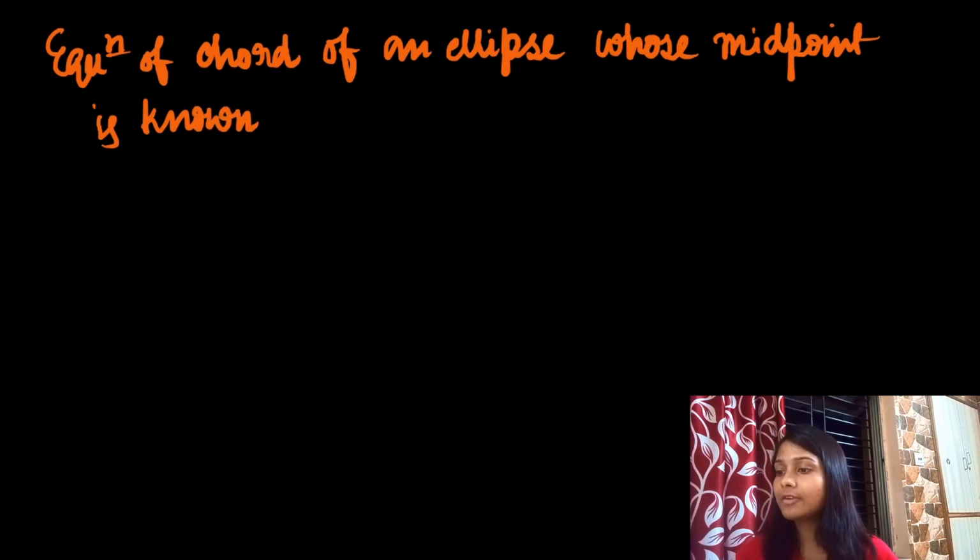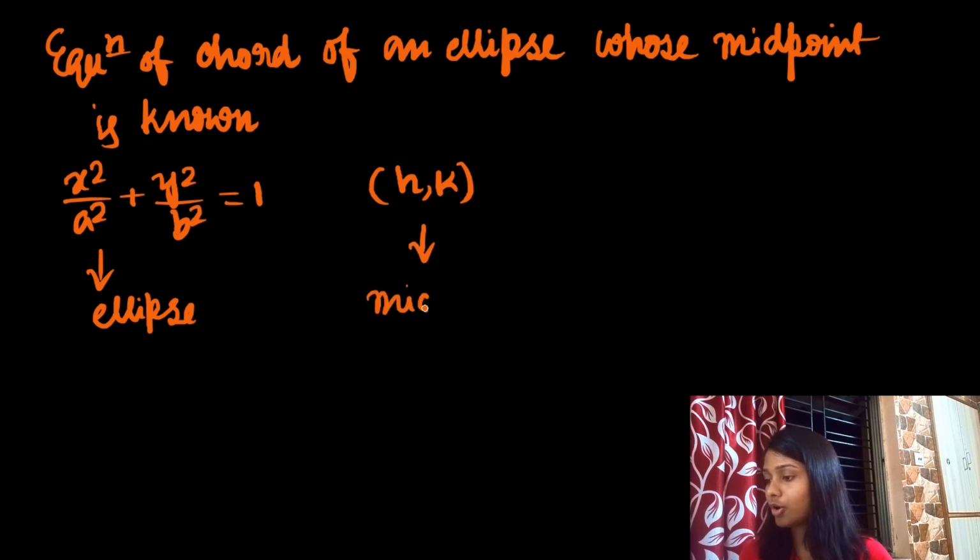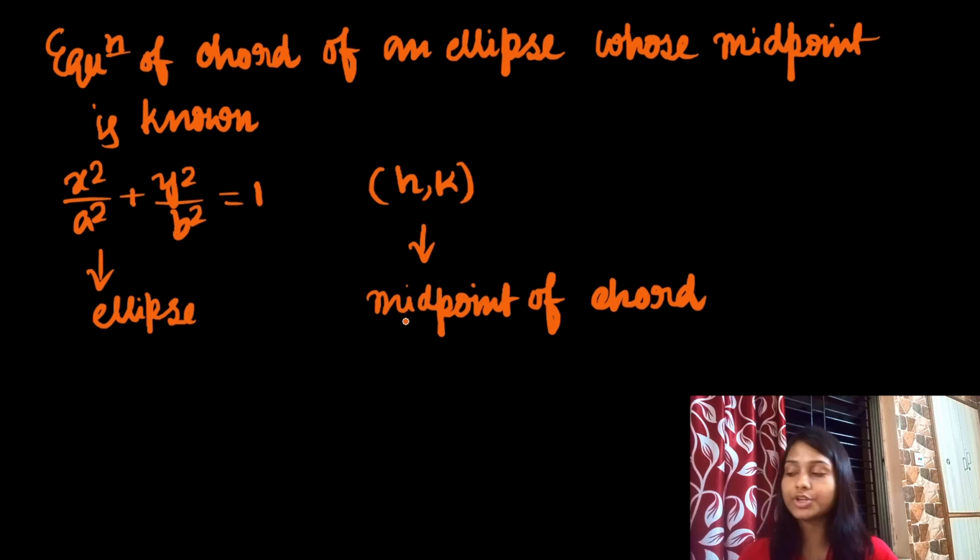Okay, so we have an ellipse like this, x square by a square plus y square by b square equals 1, and suppose this is the ellipse and this one is the midpoint of the chord. Then what will be the equation?